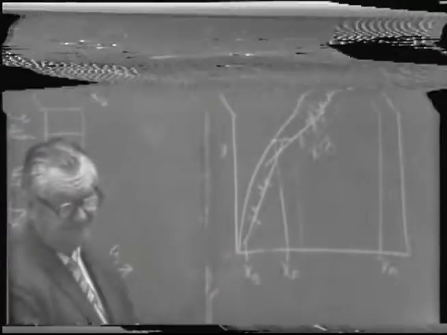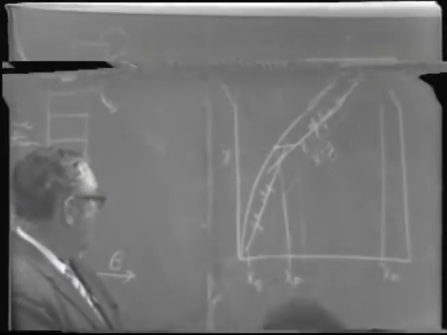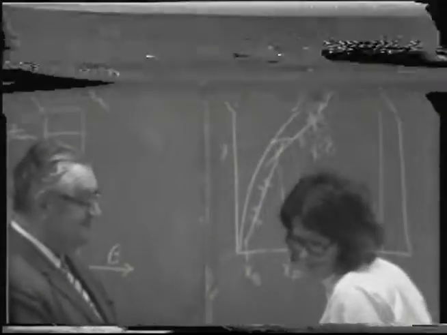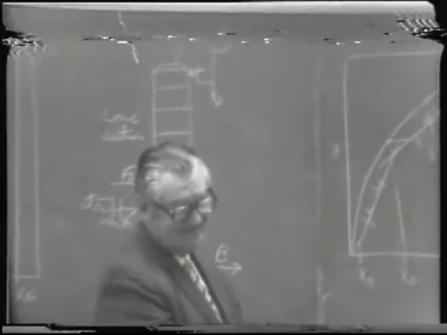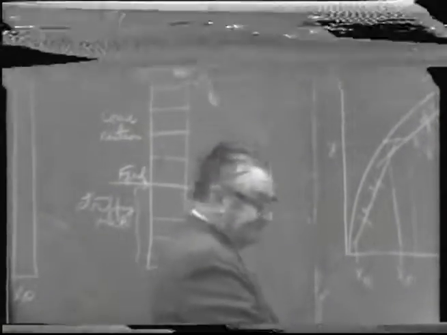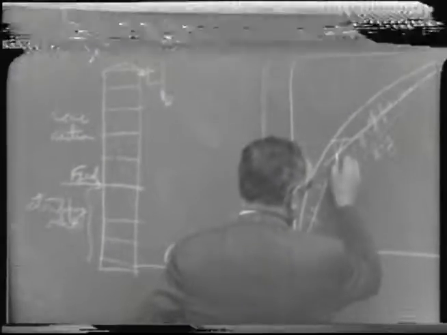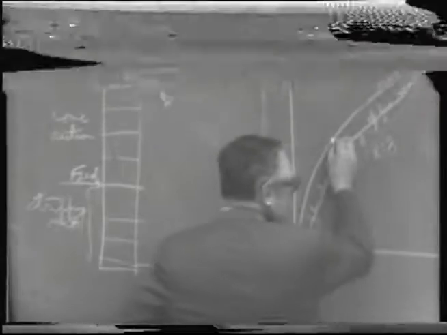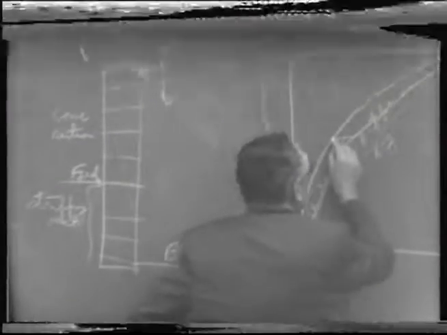I think the X sub F is a little over. Is this supposed to go through that point right there? Not necessarily. Under one special condition it does, in most cases it doesn't. It's just the same kind of thing we've had before where you go to the left. In other words, if you have a liquid of this composition and cause it to be vaporized, this would be the composition of the vapor, the Y value.